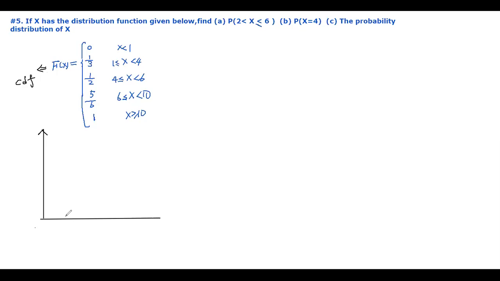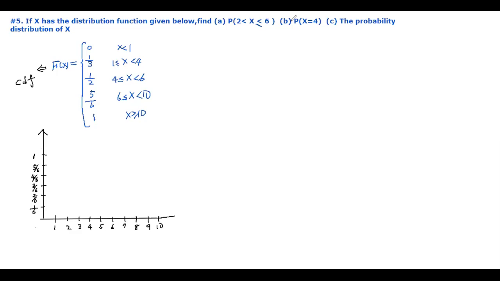So this is 0, and this is 1, 2, 3, 4, 5, 6, 7, 8, 9, 10. Then this is 1/6, 2/6, 3/6, 4/6, 5/6 and 1.